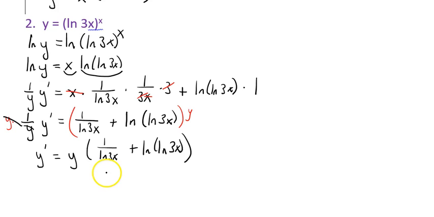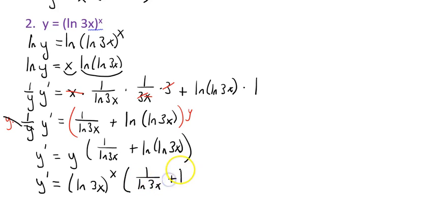And then finally, our last step is to replace the y with what it stands for, and our original function was natural log 3x to the x. So our derivative is natural log of 3x to the x times 1 over natural log 3x plus the natural log of the natural log of 3x.